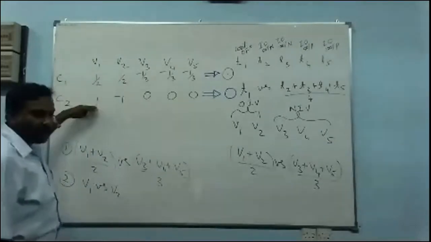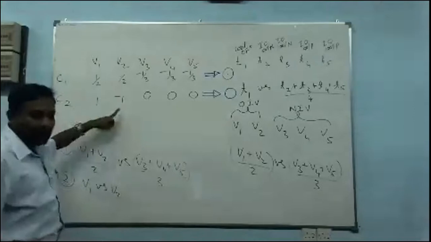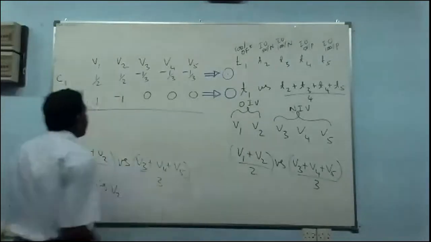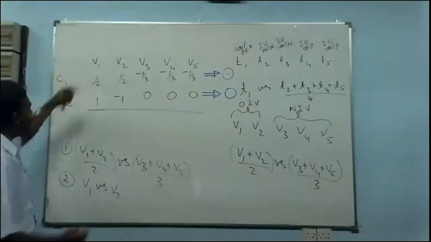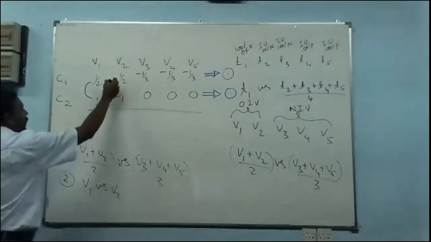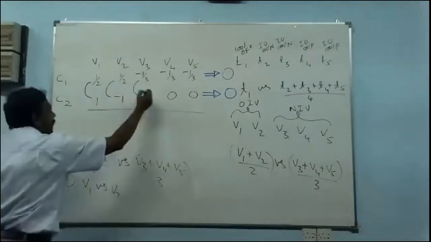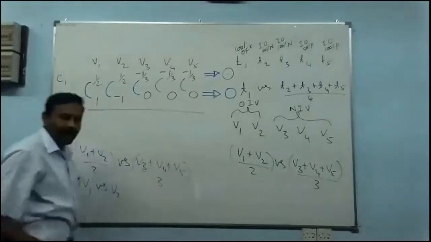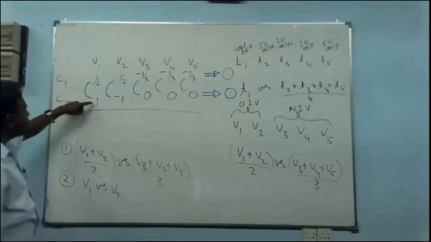When you have one contrast, it is not a problem. When you have two contrasts, look at the board very carefully. Multiplication of these coefficients. Multiply, then you add all the values. What is the multiplication of this?